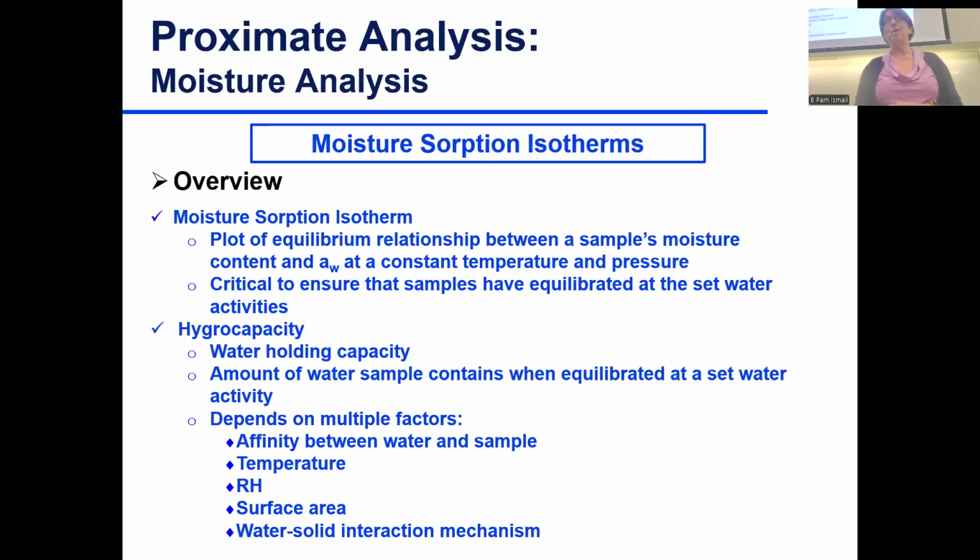In the past, what we used to do is take baby cereal and put it in desiccators with different saturated salts. So we'd do 0.11 water activity, 0.32, 0.4, whatever, and then all the way up to 0.8.